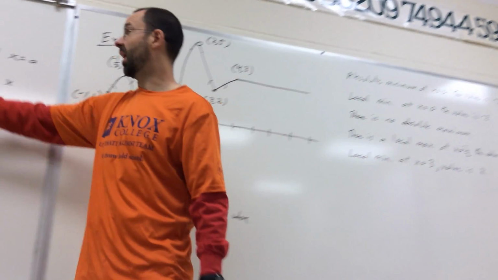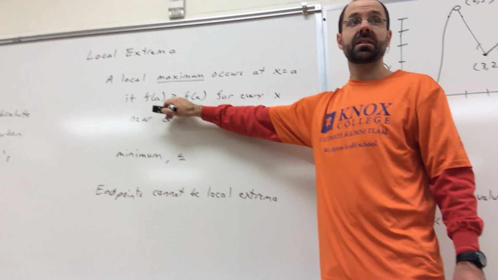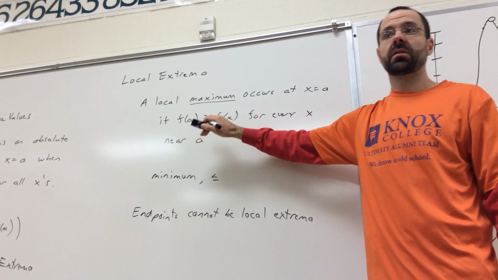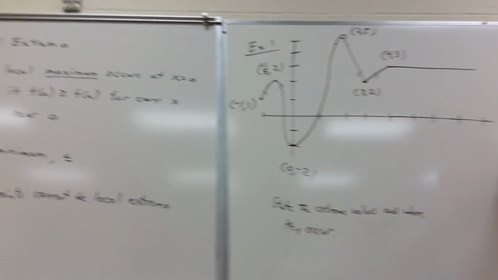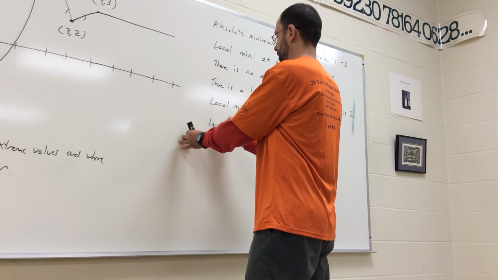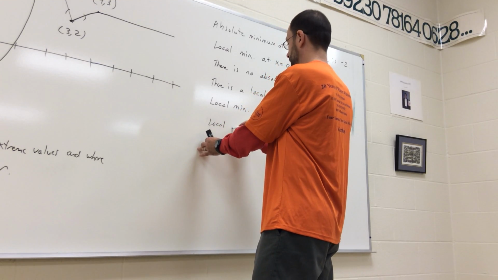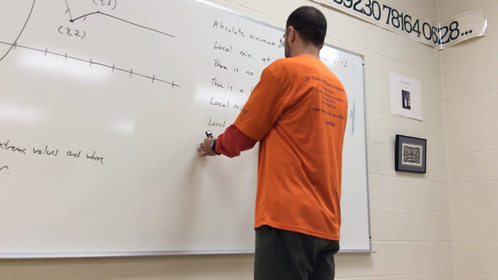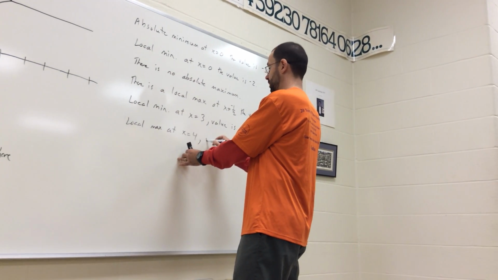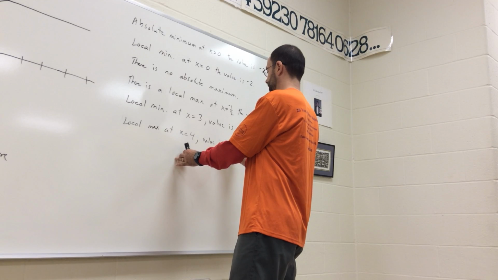So notice that there's a line under here, so it's allowed to be equal to the points near it as well. So local max at x equals 4, value is 3.